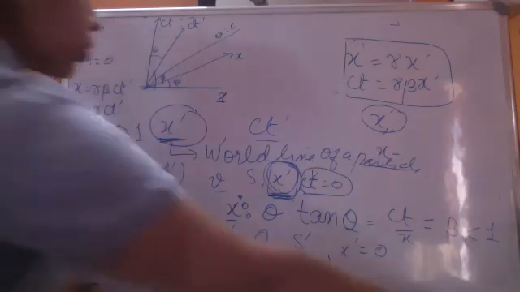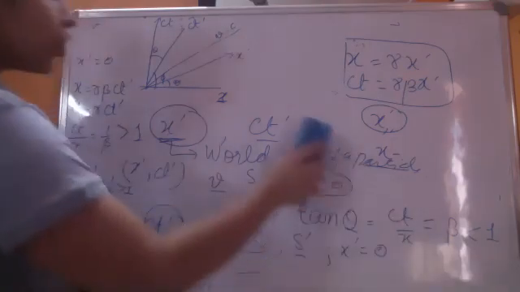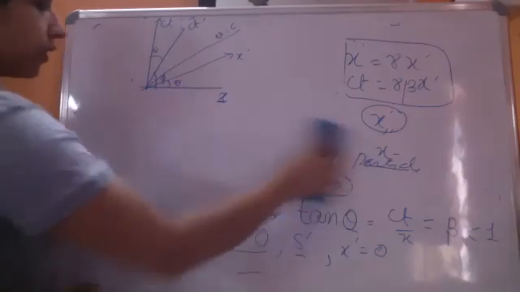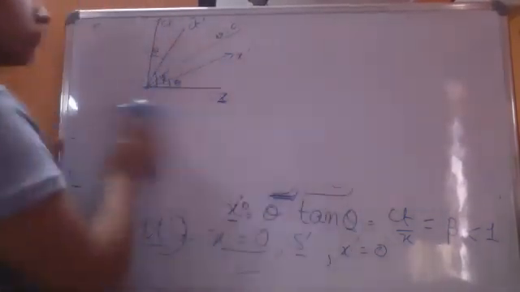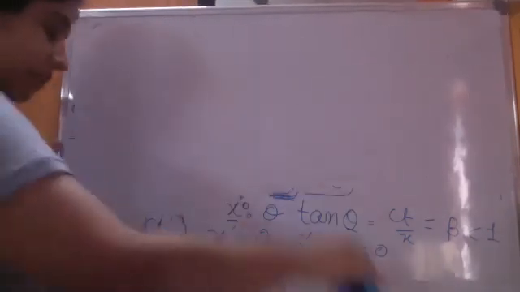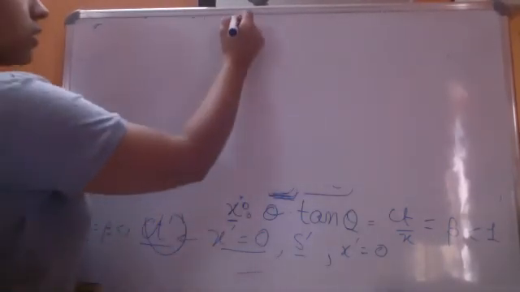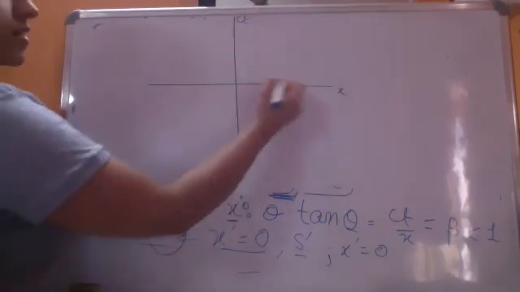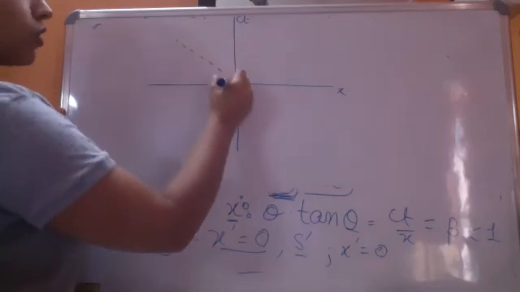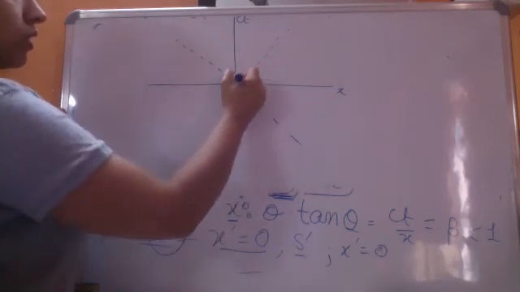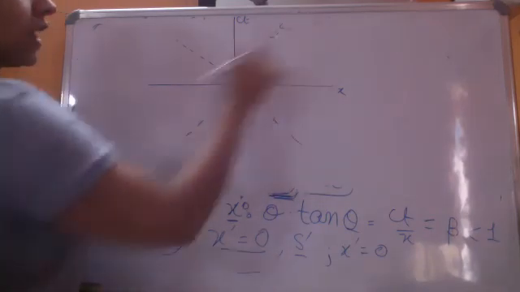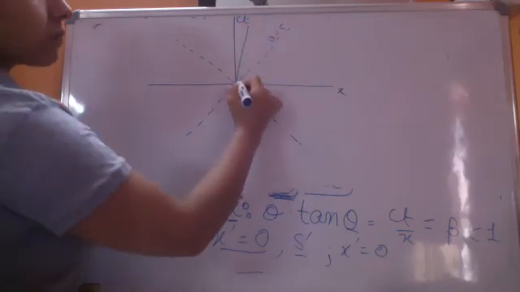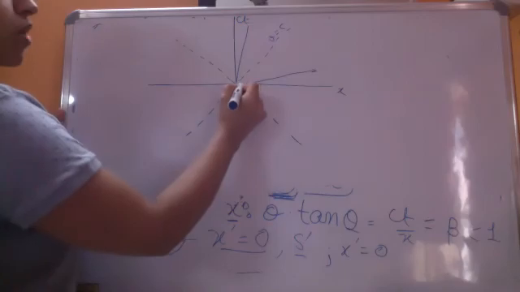So now it is interesting to see, if you want to redraw this diagram, a big diagram, because this diagram is what is important. If you have your x and CT coordinate system, and this is the world cone, the light cone, v equal to c in this coordinate system, then the x prime and CT prime coordinate system.